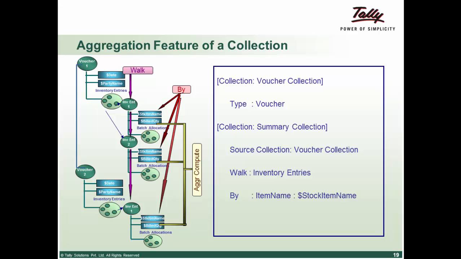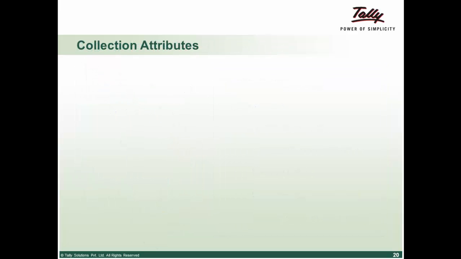Group on the stock item name, so the stock item name does not repeat multiple times, it just comes once. Aggregate compute on the billed quantity, so whatever the summation of the quantities for this stock item gets calculated here. So only the specific things like the stock item name and billed quantity are what get carried forward to my voucher.